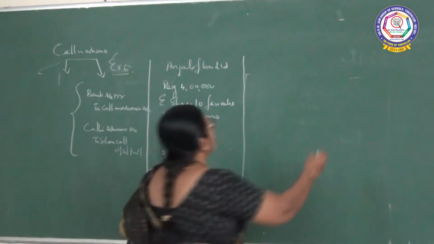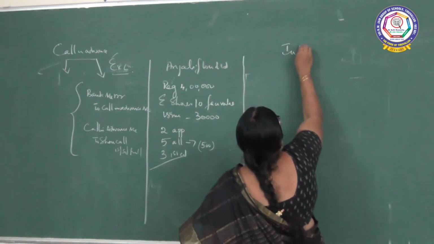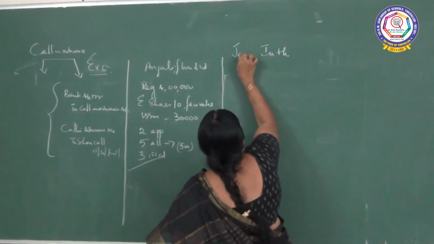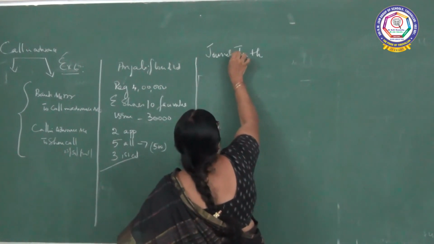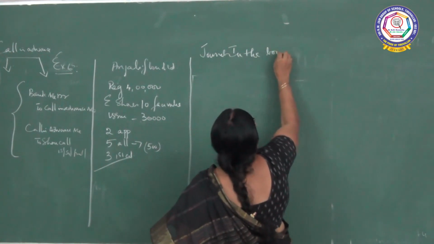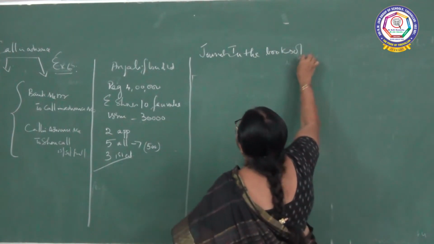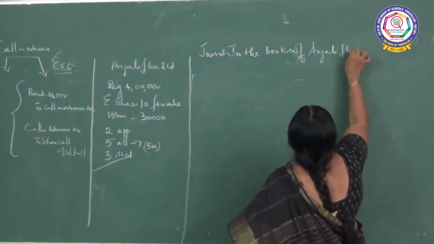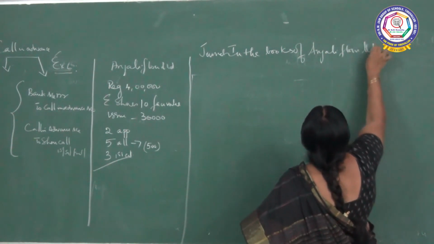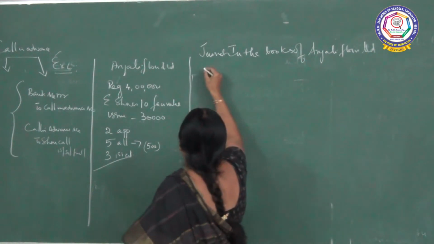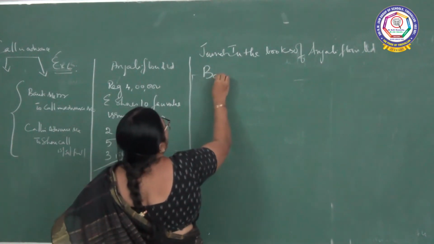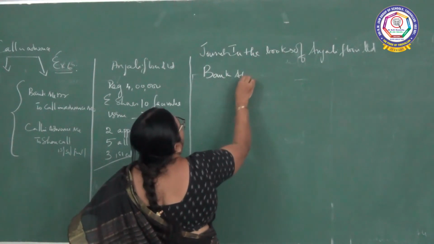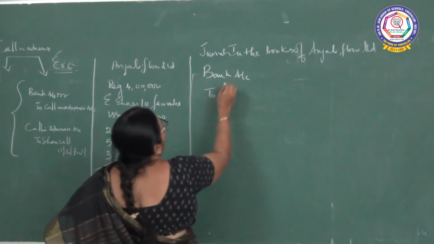Let us start the problem. Journal in the books of Anjali Floor Limited. What's the first journal entry? When you issue shares, first they will apply for the shares and the amount is going to the bank.